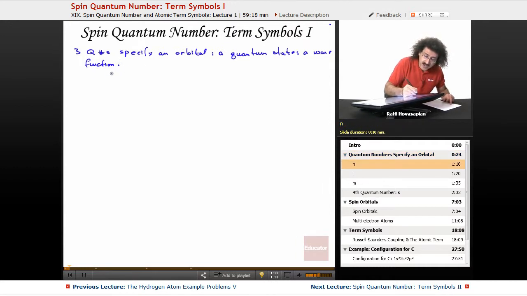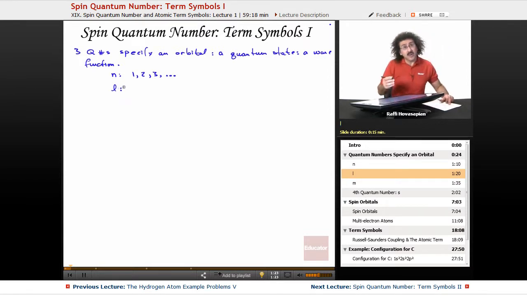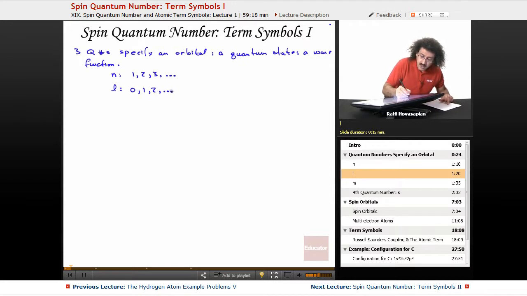We have n, which is the primary quantum number, and n takes the values 1, 2, 3, and so on. And then we have L, the angular momentum quantum number, and it takes on the values of 0, 1, 2, all the way up to n minus 1. So L depends on n.